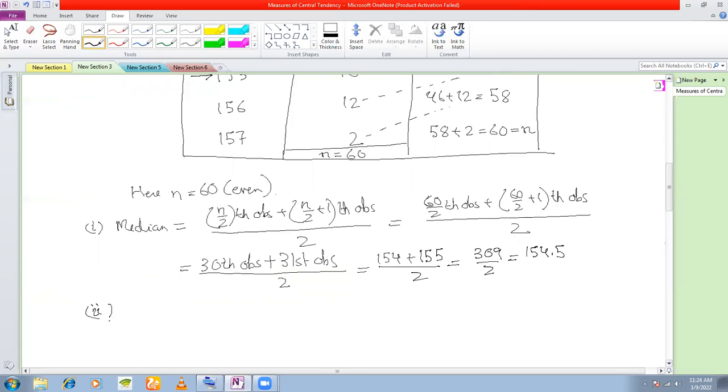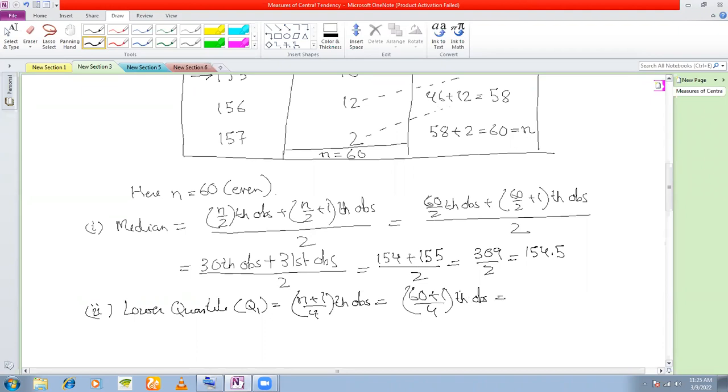Let us see how to calculate the quartiles in this case. Lower quartile, first of all. Lower quartile, Q1. You know the formula for lower quartile: n plus 1 by 4th observation. So put the value: 60 plus 1 by 4th observation.